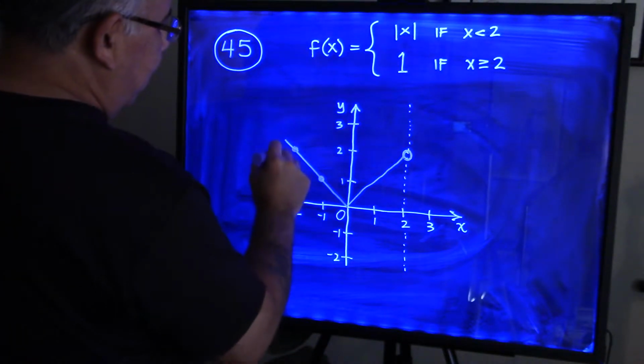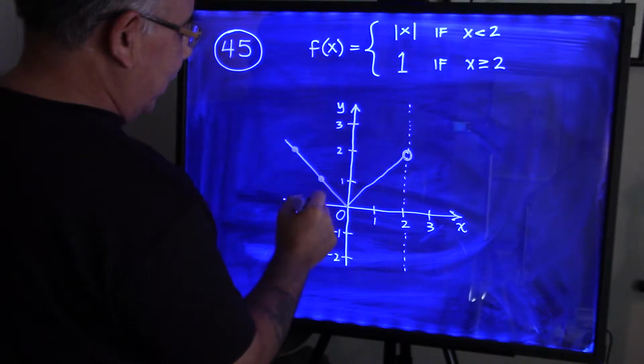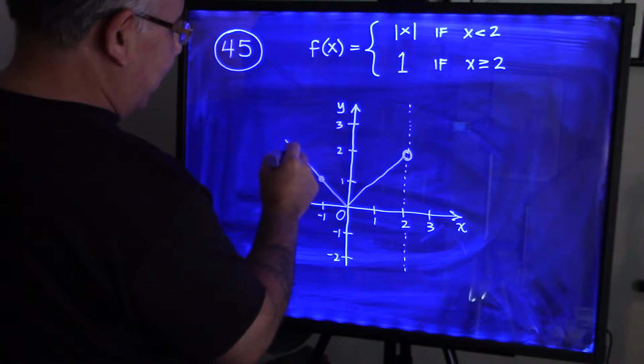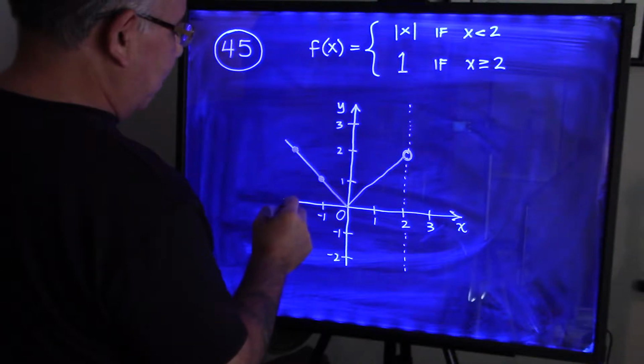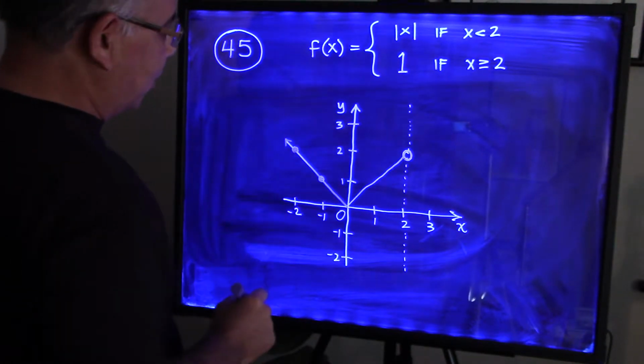Alright. So when x is -1, absolute value of -1 is 1, so you got -1, 1. When x is -2, absolute value of -2 is +2, so you have the point -2, 2, and so on. So that keeps going to the left.